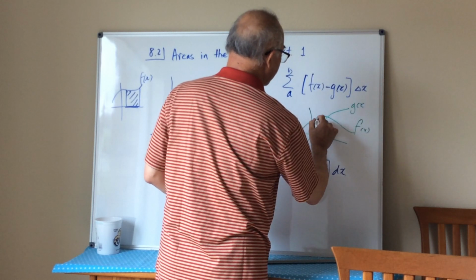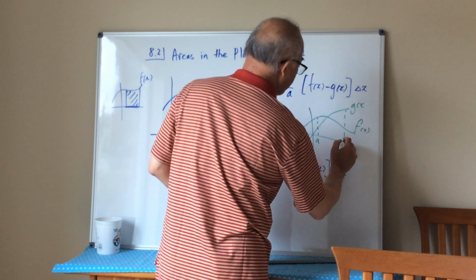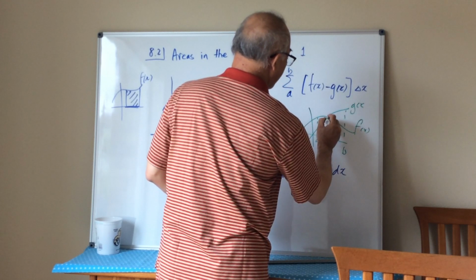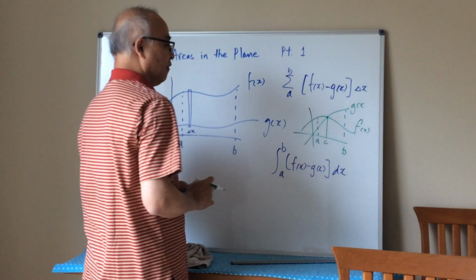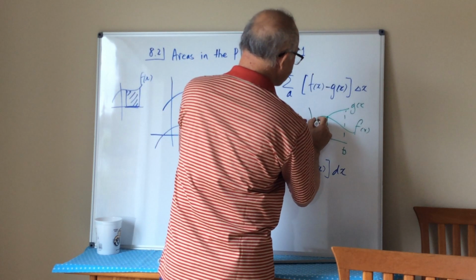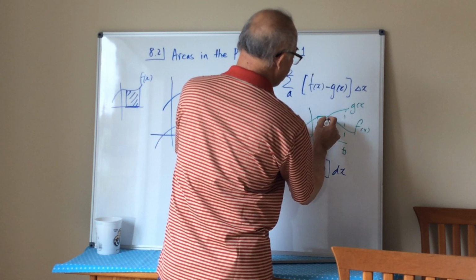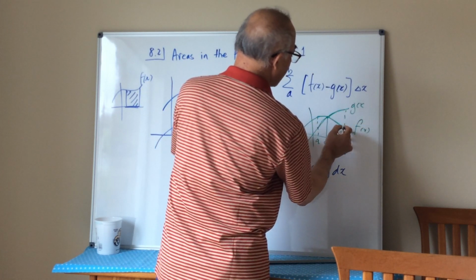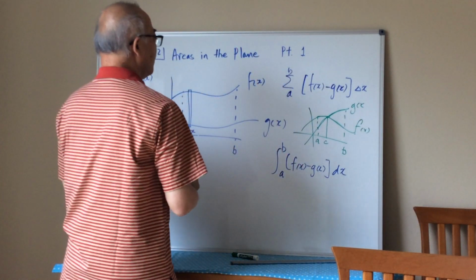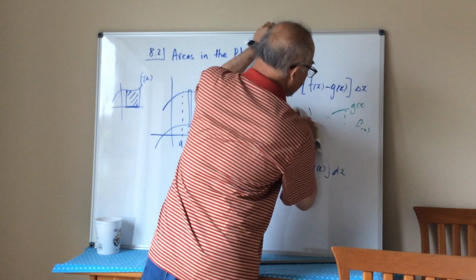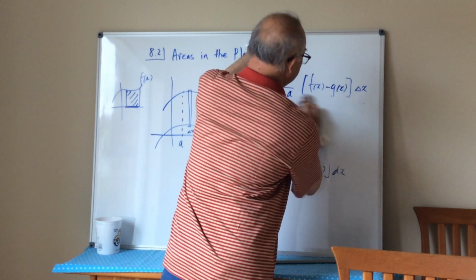If you're looking between A and B, you have a point C where you're going to have to do something, because f of x is greater than g of x on one side, but over here g of x is greater than f of x. So keep that in the back of your mind. All right, let's do some examples and see how this works out.